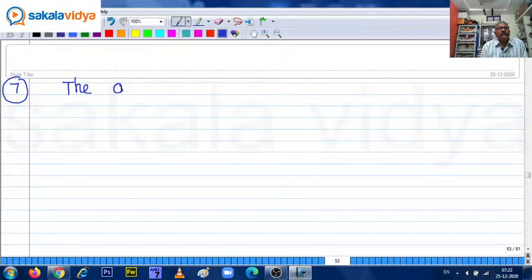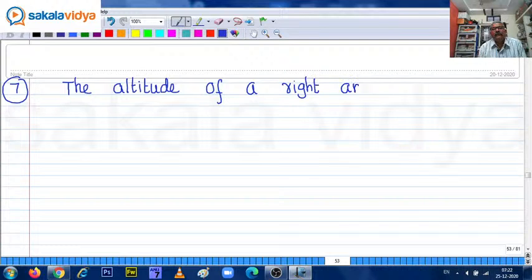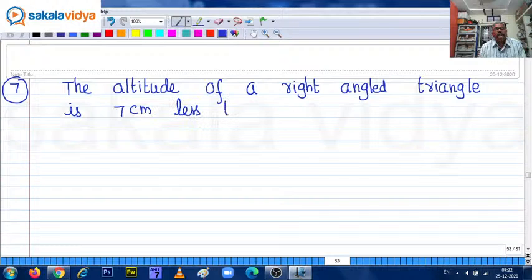The altitude of a right angled triangle is 7 centimeters less than its base.